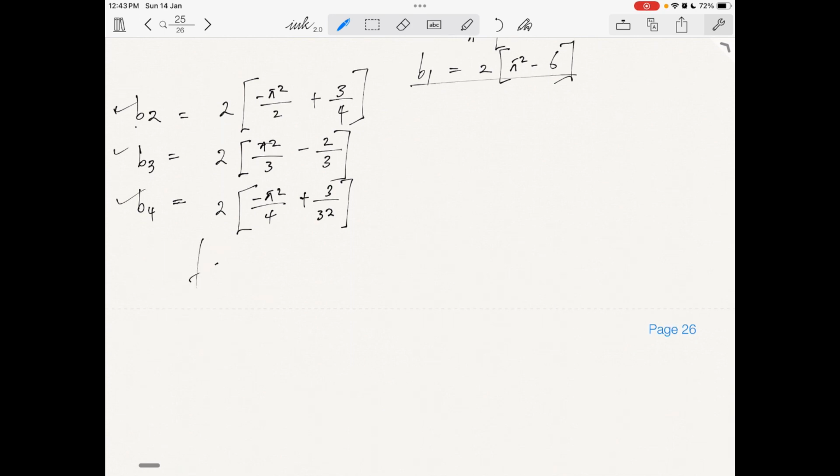And we recall that f of x is the summation of n equals 1 to infinity of bn sine nx, because we are dealing with a sine series, and in a sine series a0 is 0, an is also equal to 0.